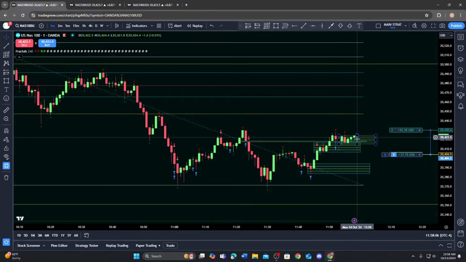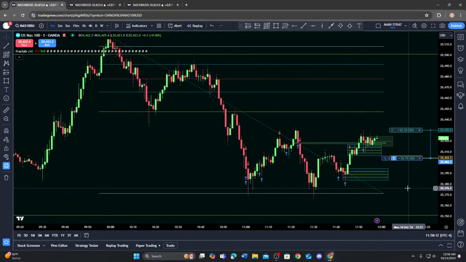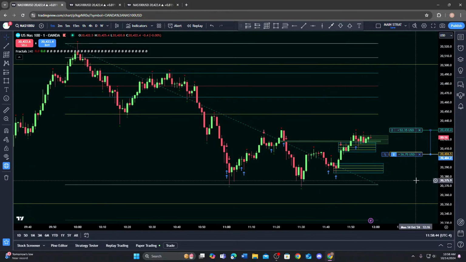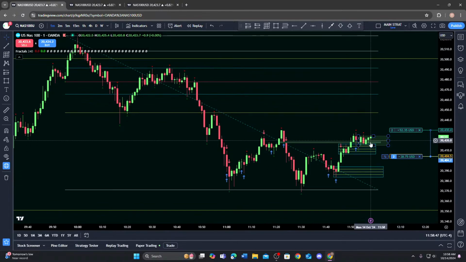We need to see some movement on this candle here. Come on.